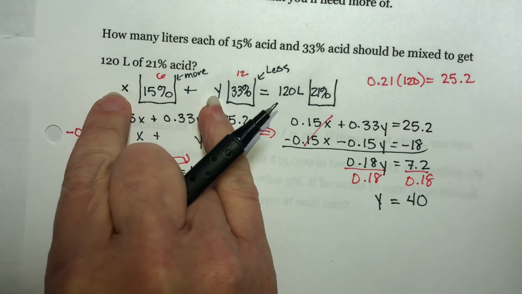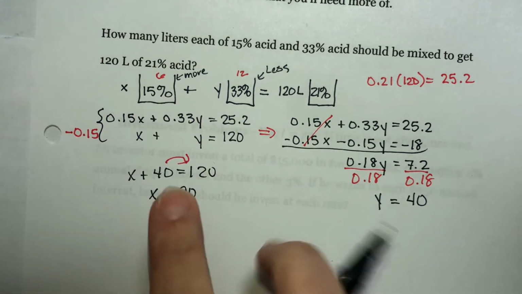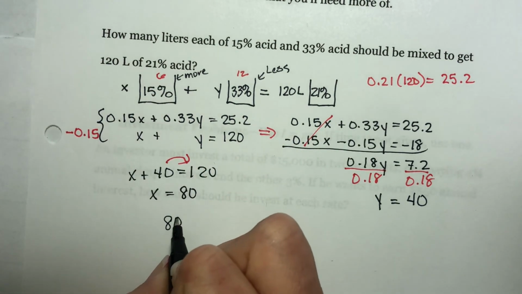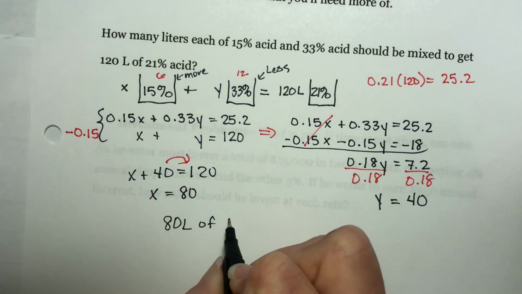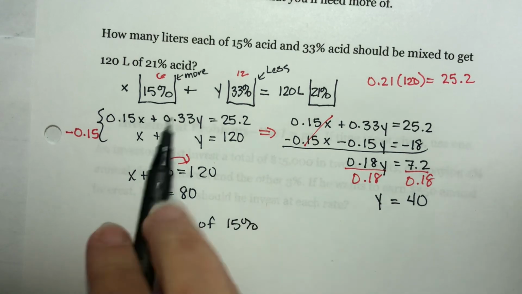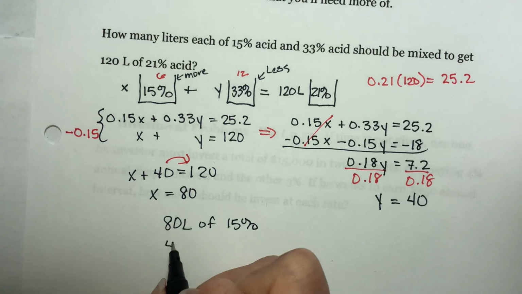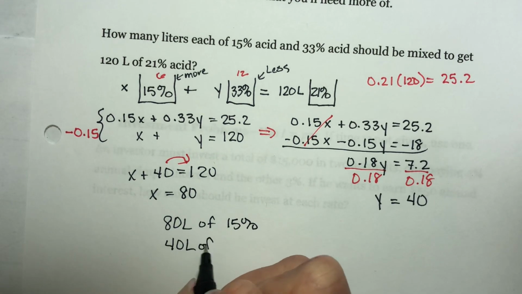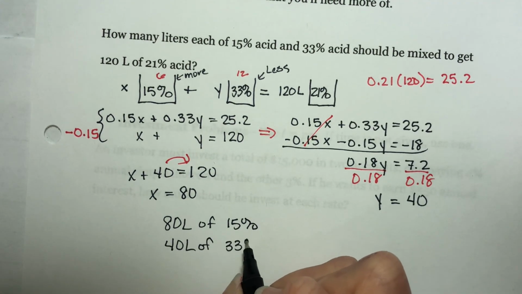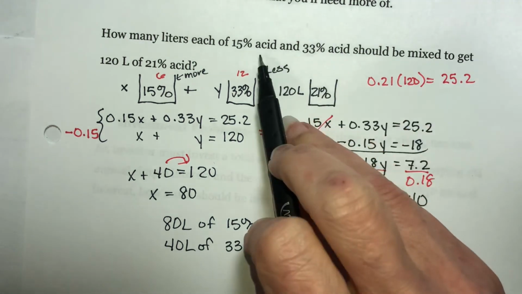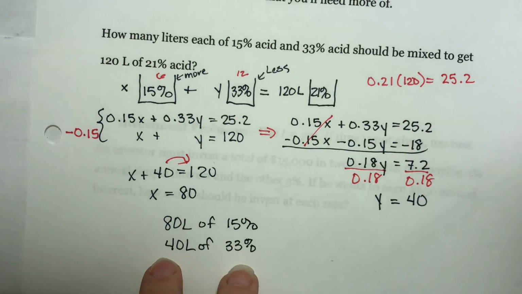We found x and y. So I'm going to need 80 liters of the 15% solution, which is the one I need the most of. And I need 40 liters of the 33% solution, which is the one I thought I needed less of. So this checks out. Okay, so those are your two answers.